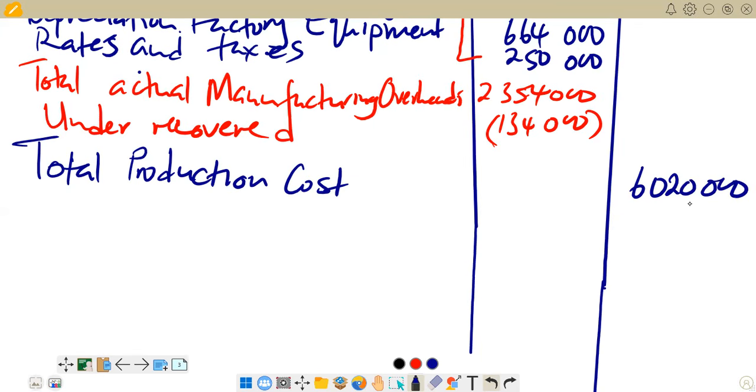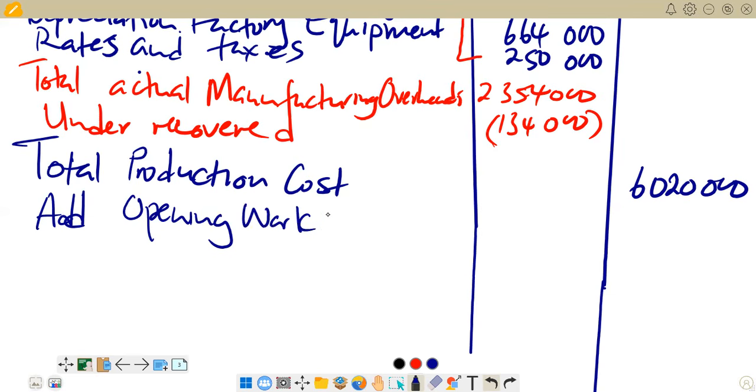So that's what we have there. And then beneath that, we are supposed to add opening work in progress.